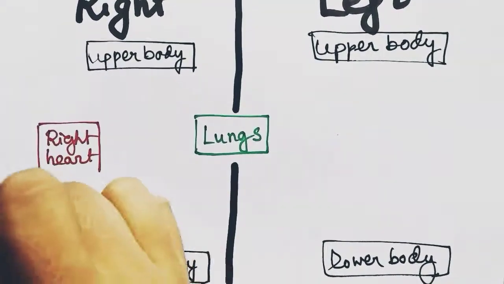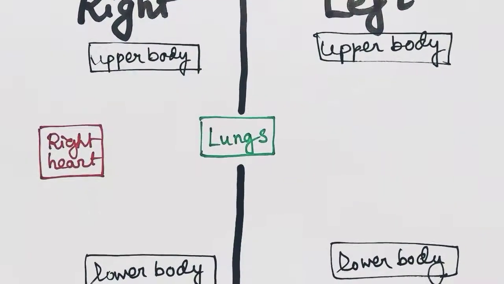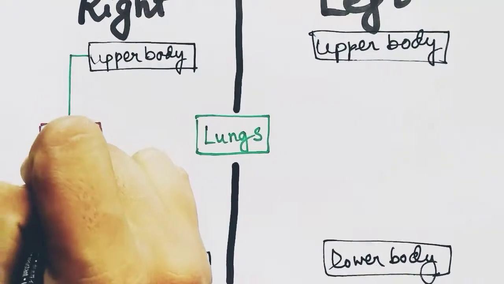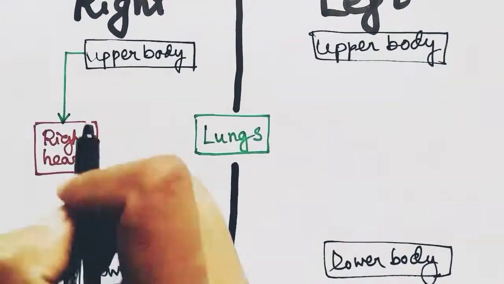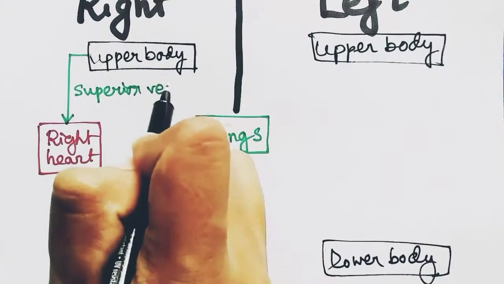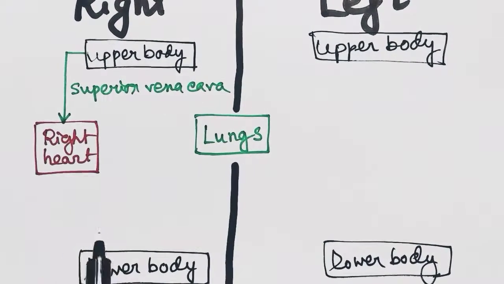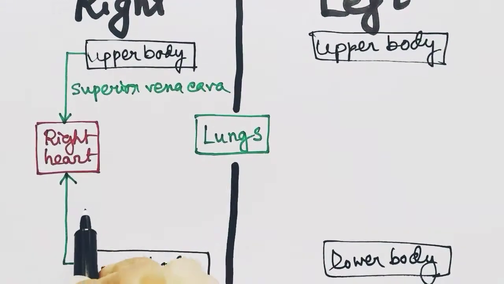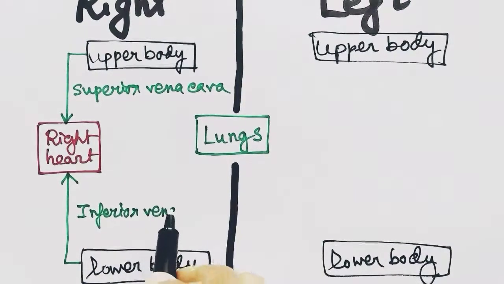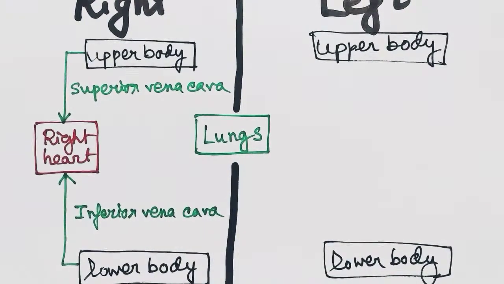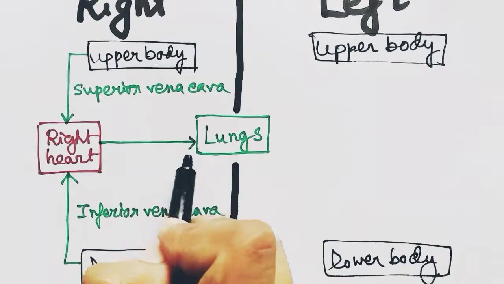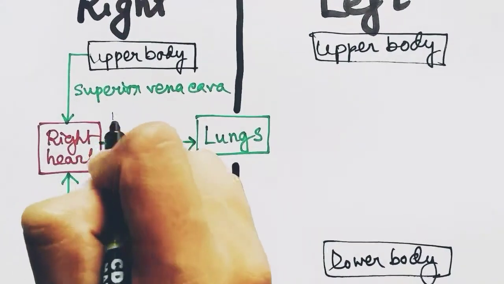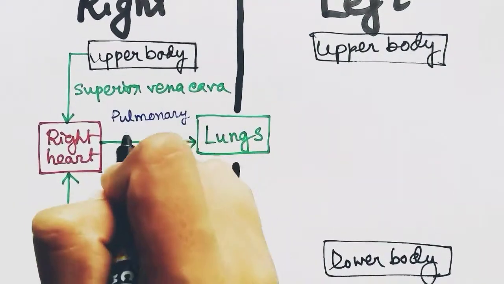From the upper body part, the deoxygenated blood will enter the right compartment via the superior vena cava and from the lower body part via the inferior vena cava. And the right compartment will pump the blood to the lungs via the pulmonary artery.